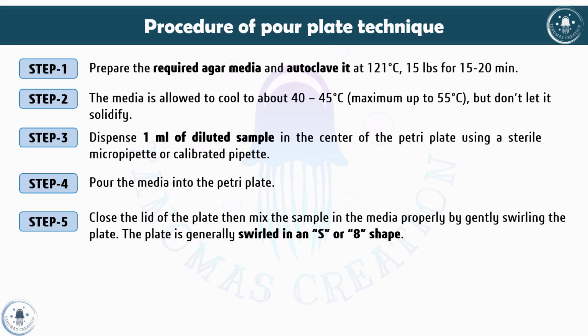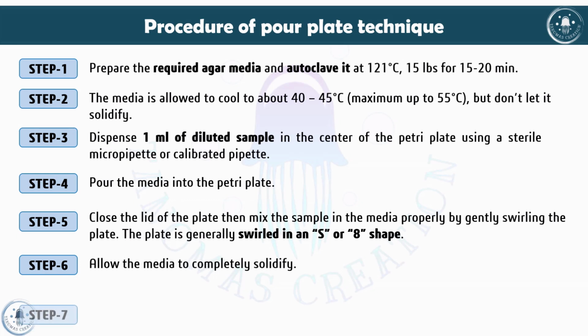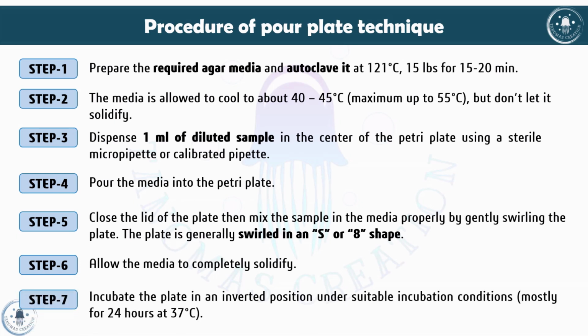This swirling should be done in the shape of S or H. You need to mix it very smoothly so that no bubbles form in the plate, to avoid contamination. Now, after that you allow the media to completely solidify and then you incubate the plate in an inverted position at the same incubation conditions as before.